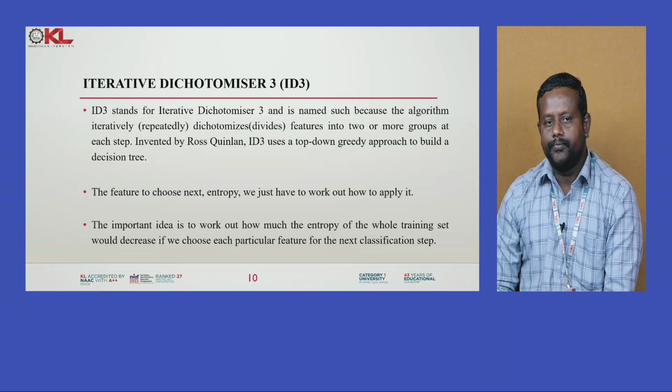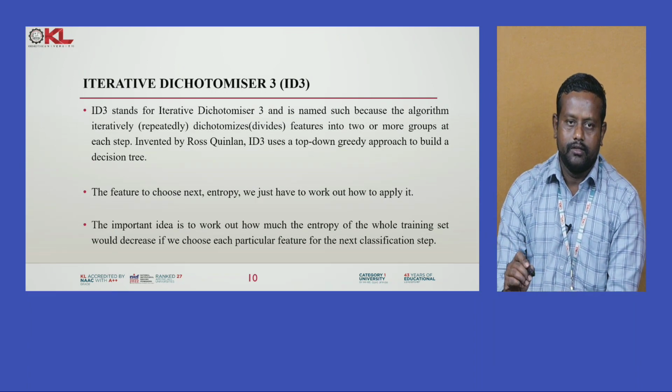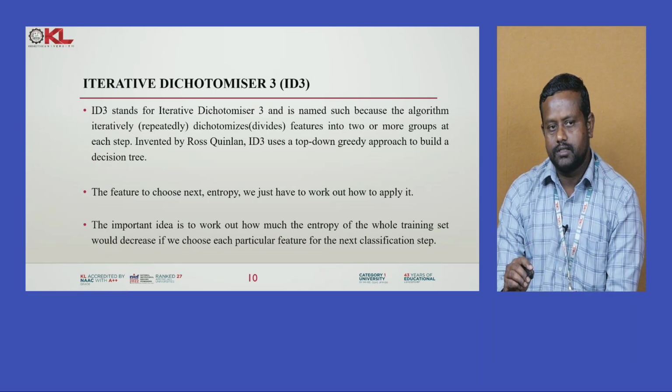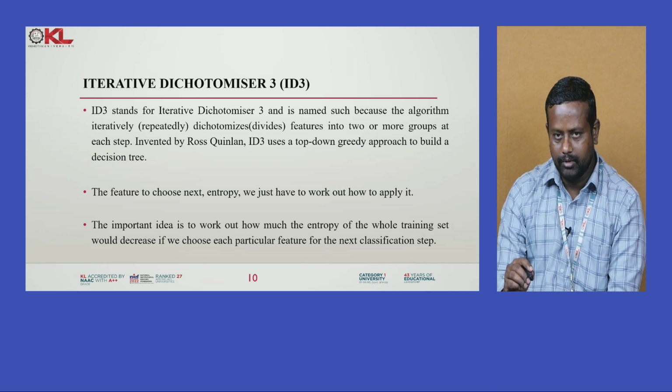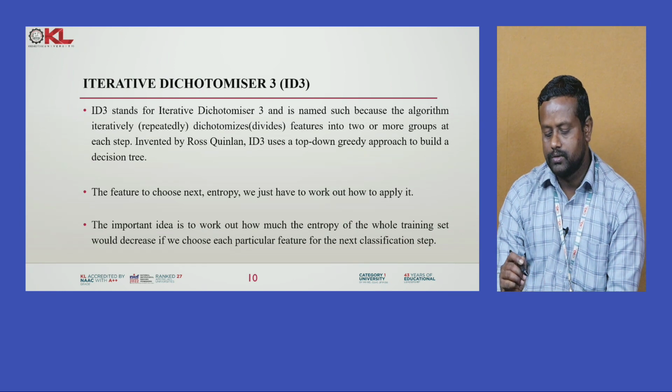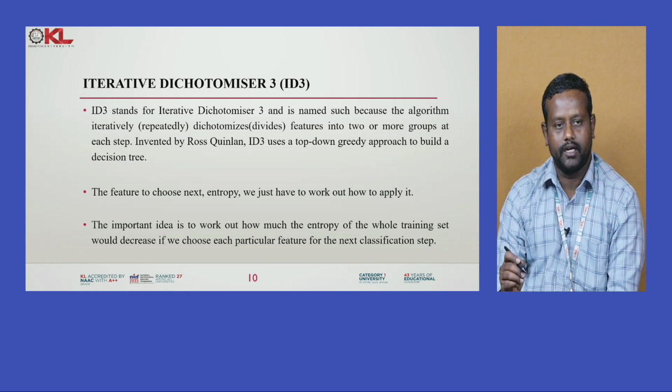The Iterative Dichotomiser 3 is a decision tree algorithm which is highly useful for constructing a decision tree.